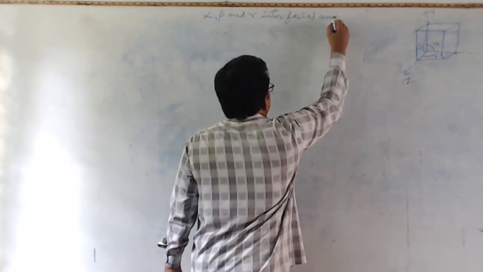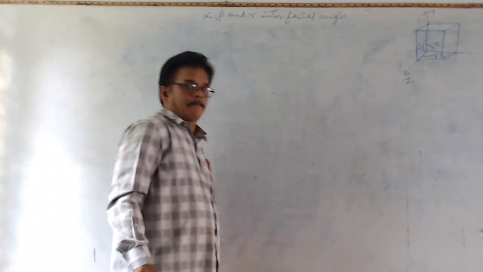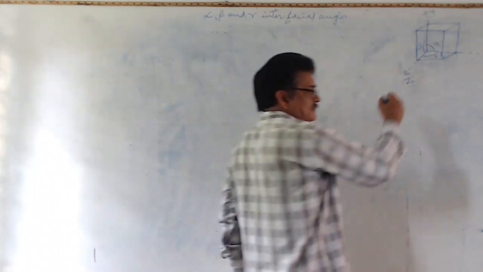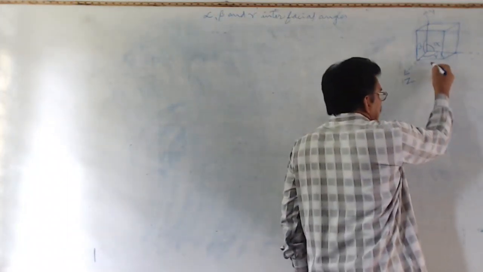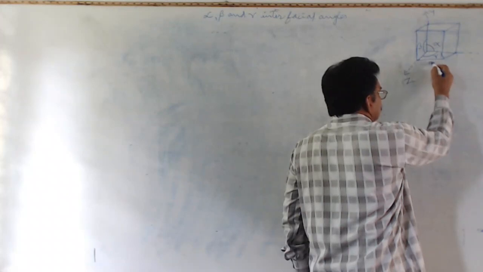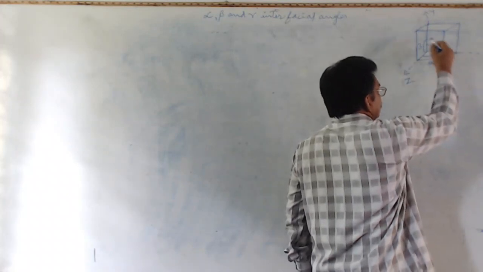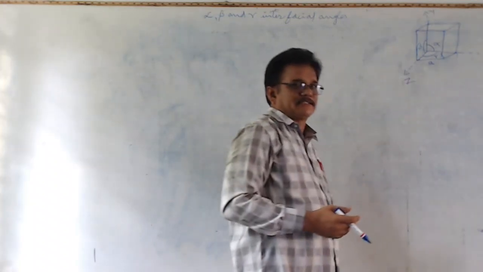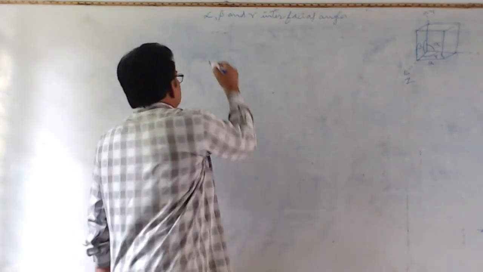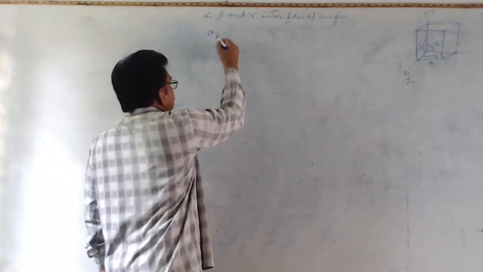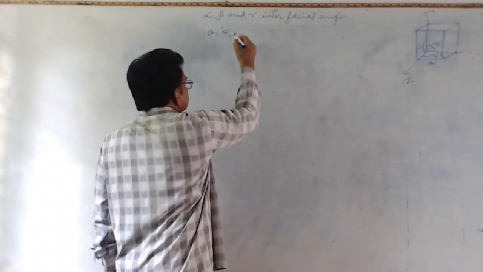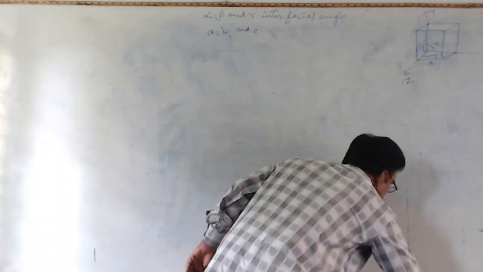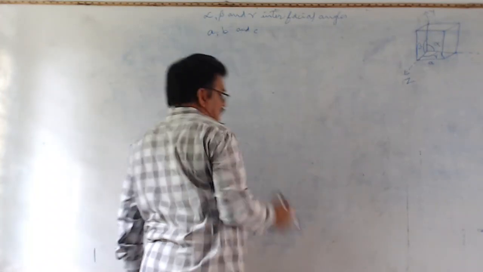Interfacial angles are the angles between two faces in a unit cell. Similarly, say this is the unit cell. The edge length of this unit cell, say this is A, then this also becomes A because it is a cubic unit cell. Otherwise, in other unit cells, the edge lengths are A along the x-axis, small b along the y-axis, and small c along the z-axis.